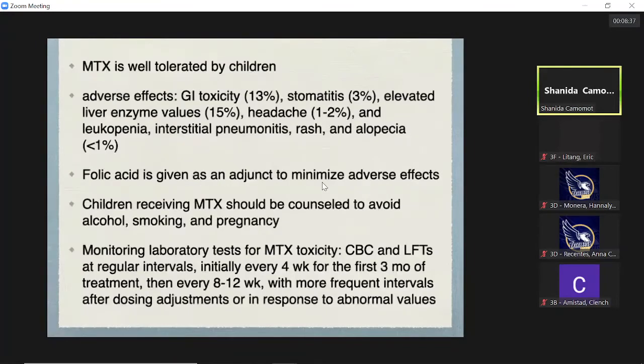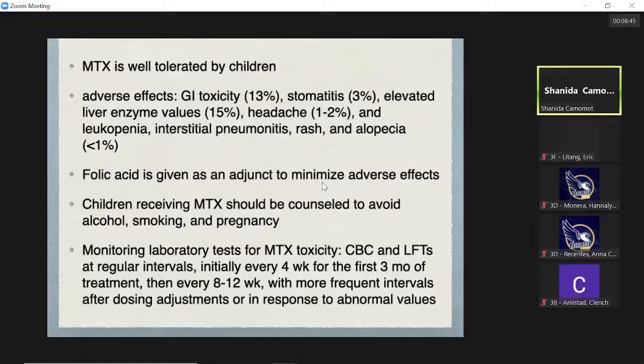Methotrexate is well tolerated by children, and the adverse effects include GI toxicity, stomatitis, elevated liver enzymes, headache, leukopenia, interstitial pneumonitis, rash, and alopecia.